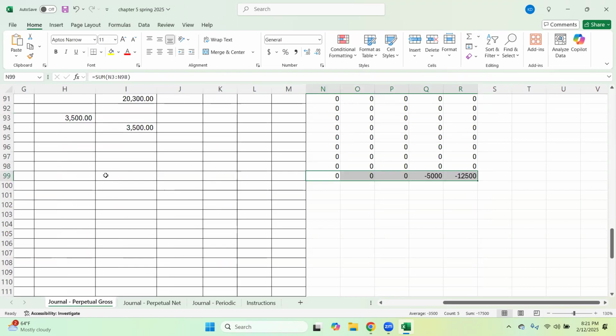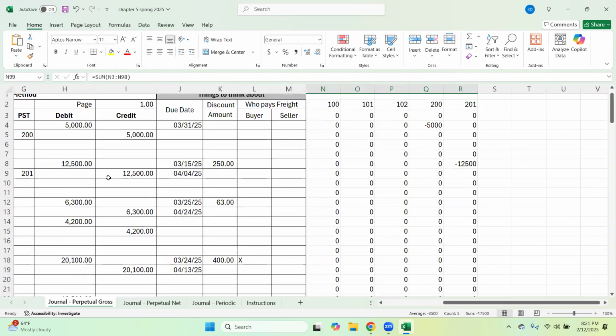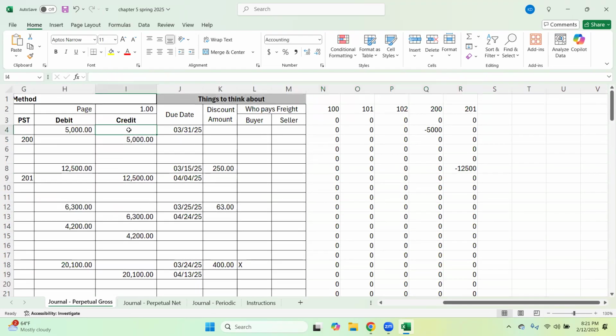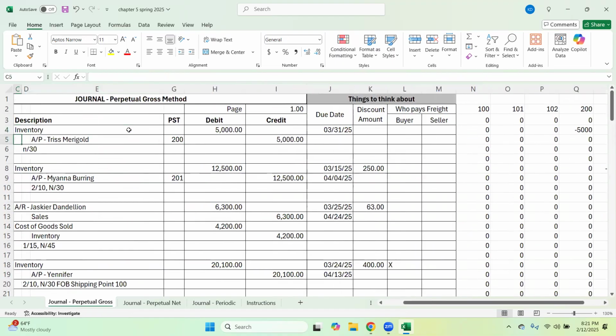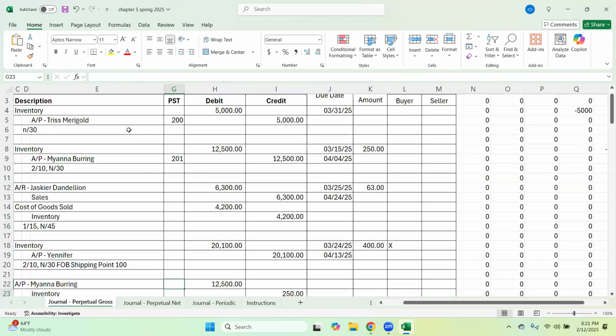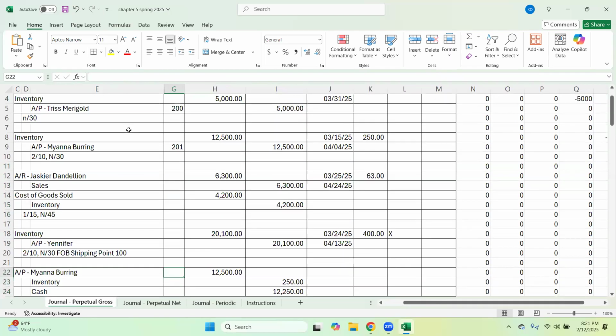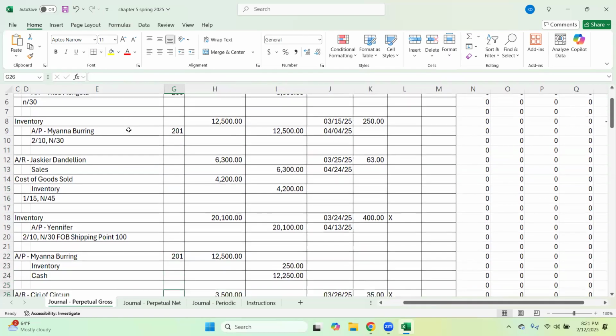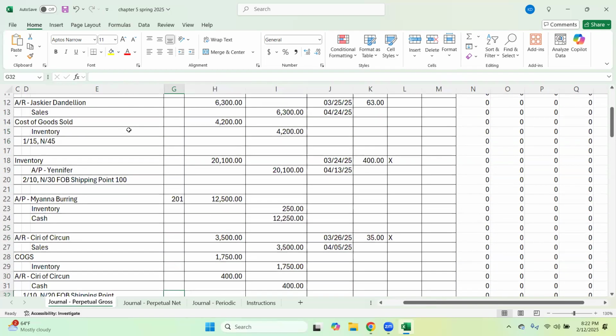And right there. Okay. Now let me see, who did I have? So I said that this was 200 is AP is Tris Marigold and 201 is Miana. Okay, and let's get to that Tris Marigold.